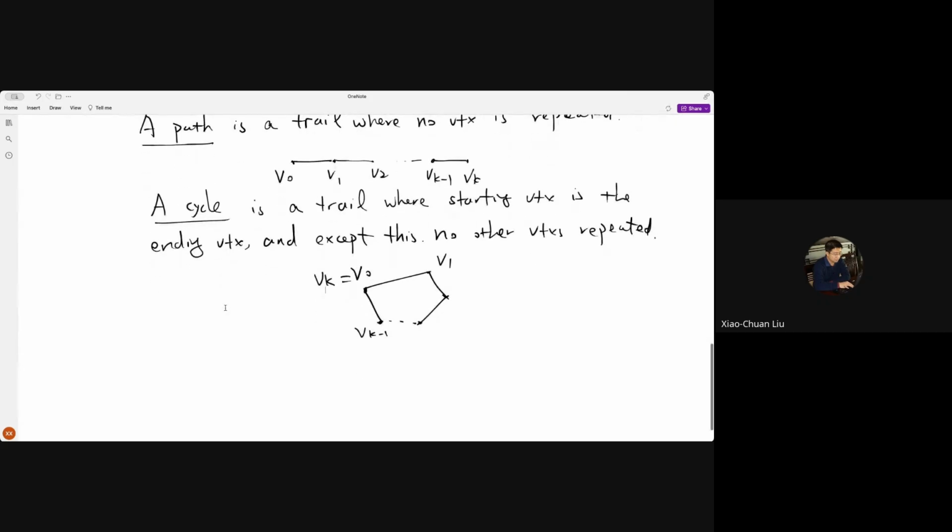Okay, so we have even more definitions. A closed walk is like a cycle. A closed walk is just a walk, let's write it in a simple way, with V0 equals Vk. So you start from V0 and you come back to V0. So during the whole walk, you don't have restrictions with repeated edges or vertices.